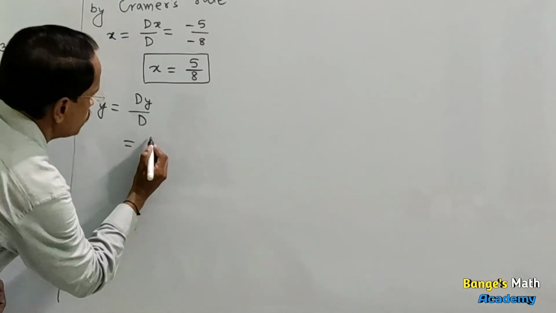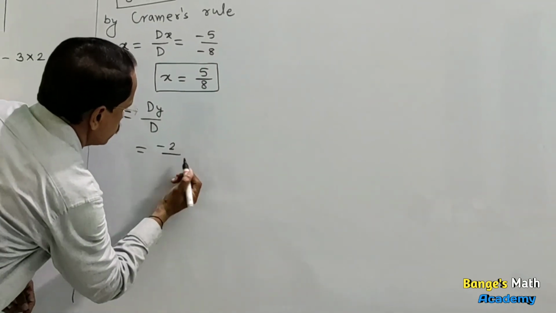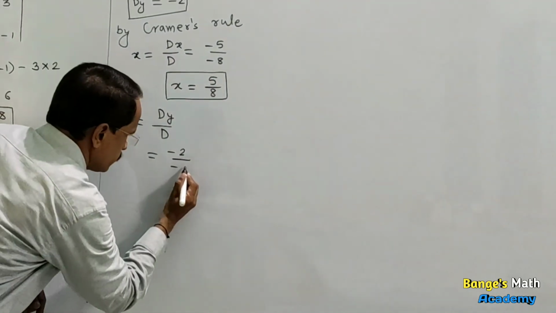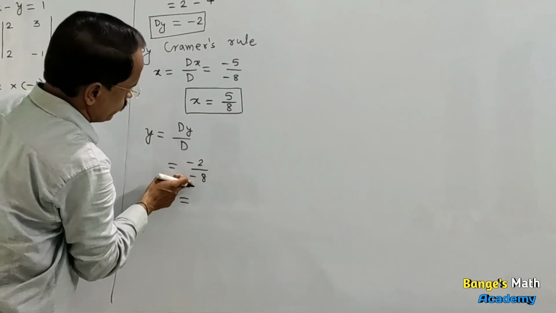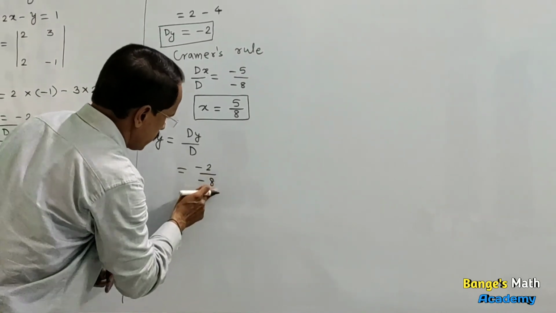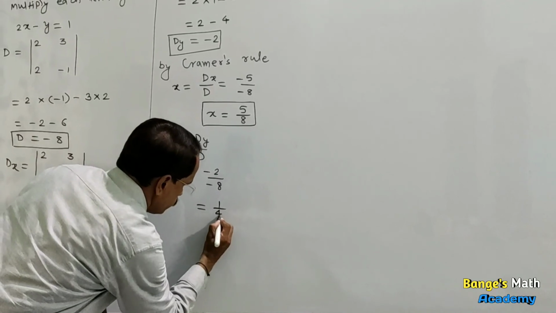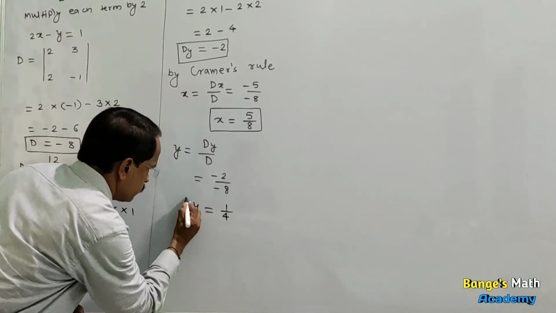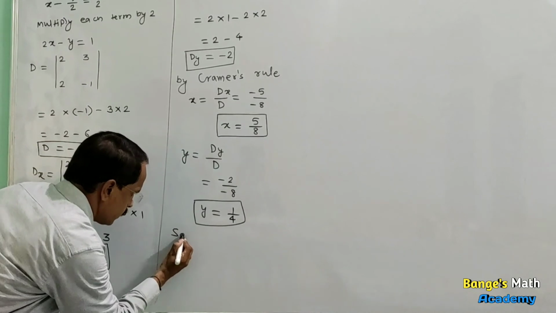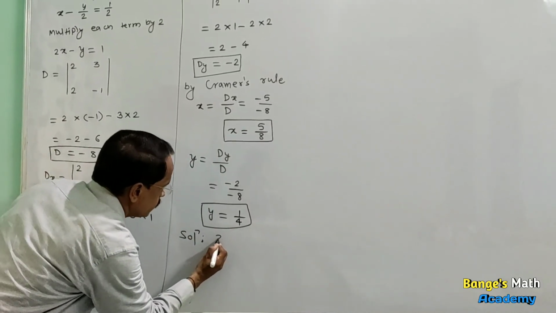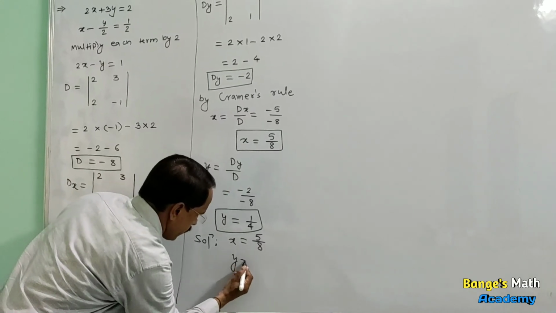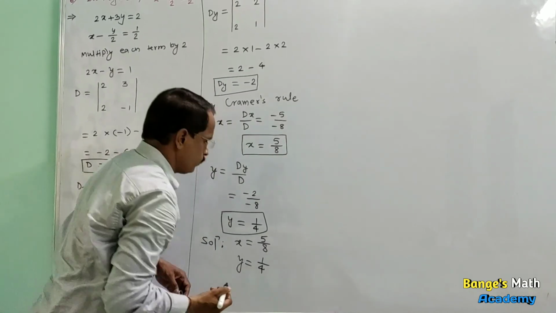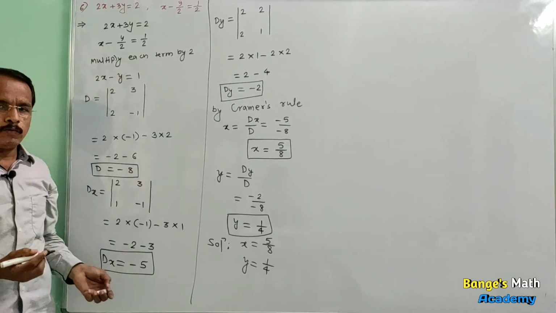Value of dy minus 2 upon value of d minus 8. Simplify this, minus upon minus it becomes plus, 2 fours are 8, so 1 upon 4. y is equal to 1 upon 4. Write down solution. x is equal to 5 upon 8 and y is equal to 1 upon 4. Write down given example or take a screenshot.